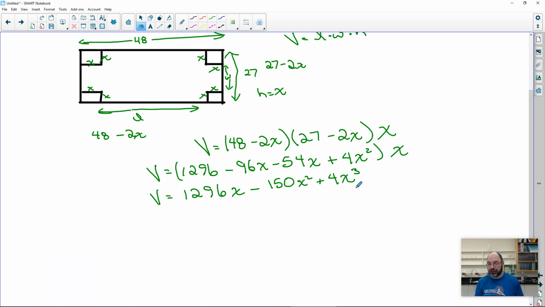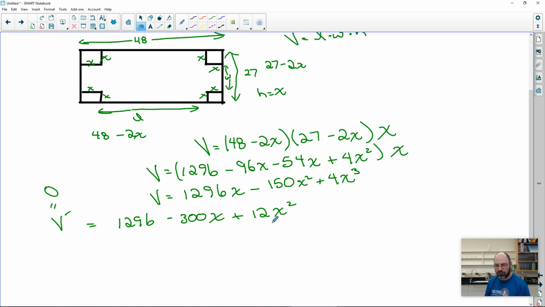Okay, we can rearrange it into a cubic equation with the x's, but we're going to take the derivative to find a critical point. So we're going to find v prime, and we're going to set that to 0. And this is going to be equal to 1296 minus 300x plus 12x squared.